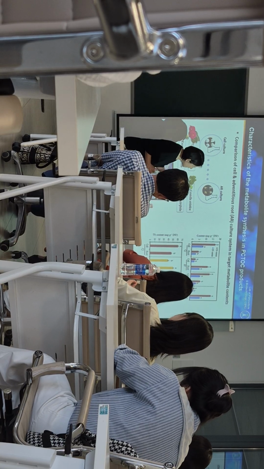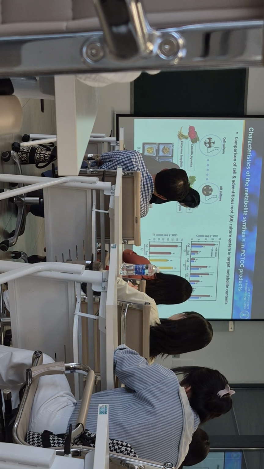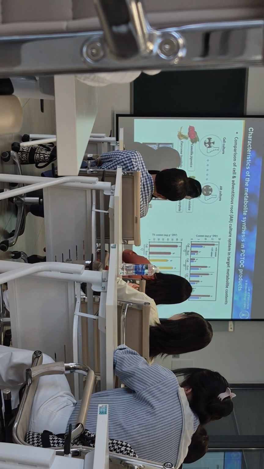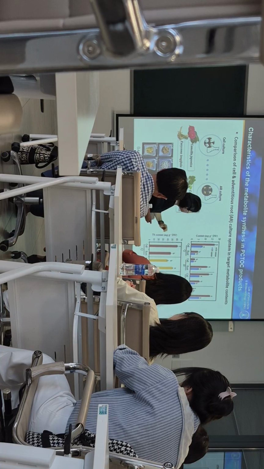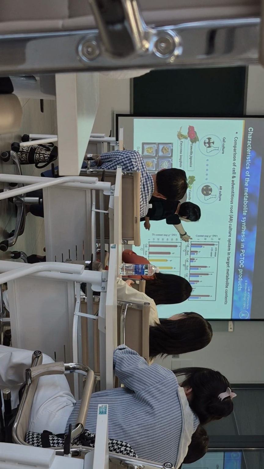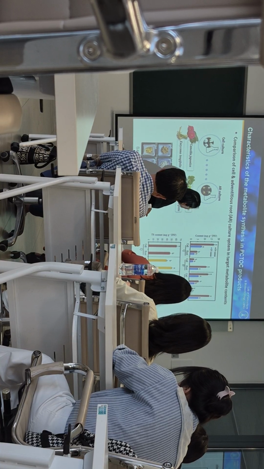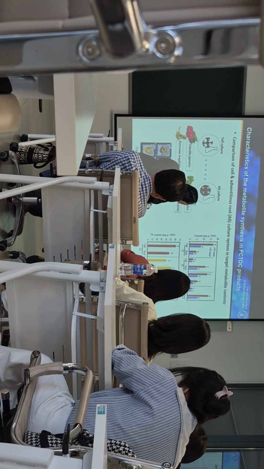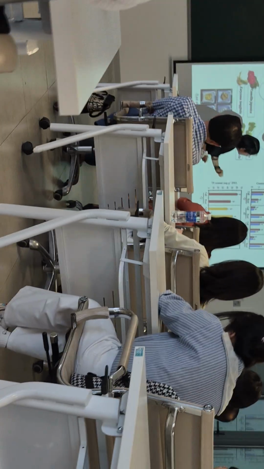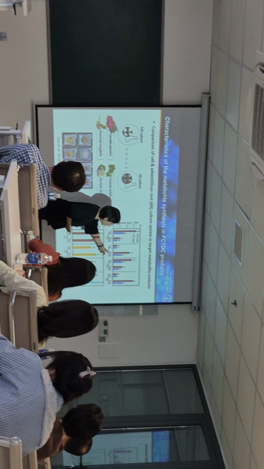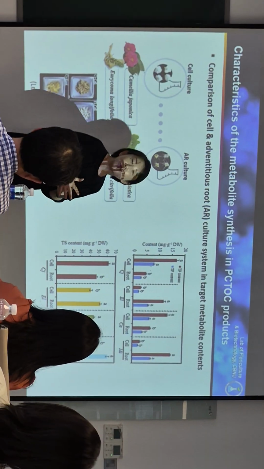Here, for the content of total phenolic compound, in Camellia the cells show more total phenolic compound. But in the case of the other systems, the root produces more.